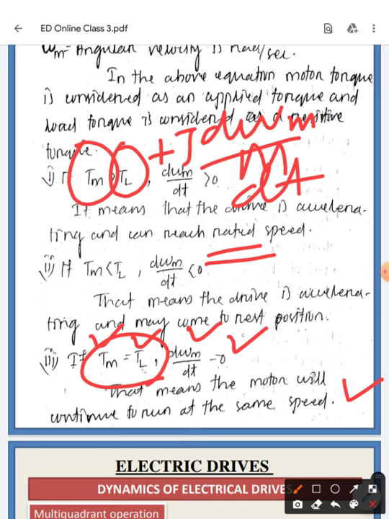That means the motor torque can be decreased from the initial values. So initially we need to apply a maximum value of motor torque, and once the motor reaches the rated values, we can decrease the motor torque.